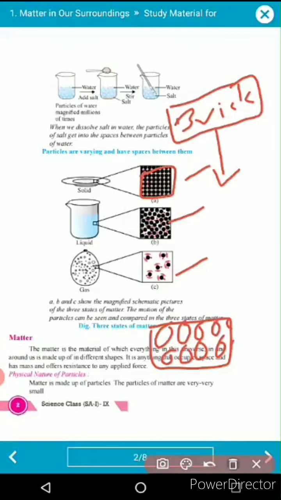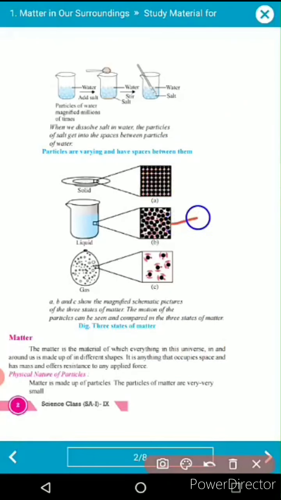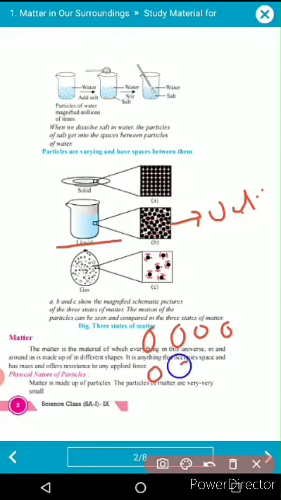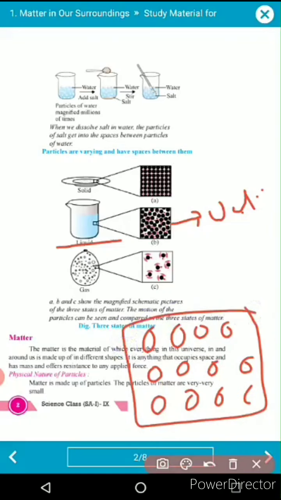In the liquid, let's take the example of water. When we pour water in any kind of utensil or pot, the water acquires the shape of that pot, because in liquids the particles are loosely attached to each other, meaning they have some gap between them.